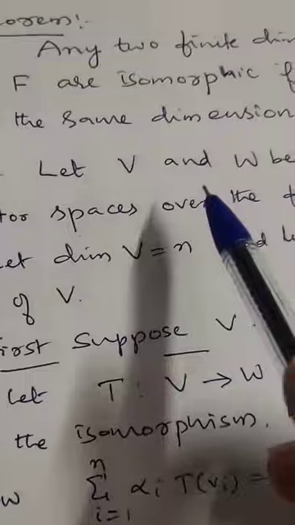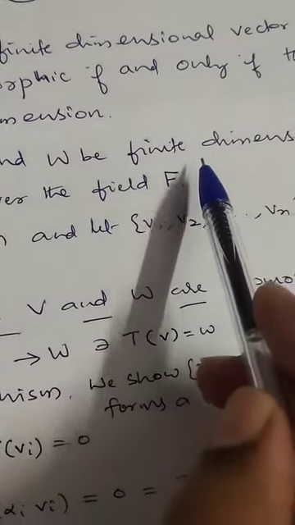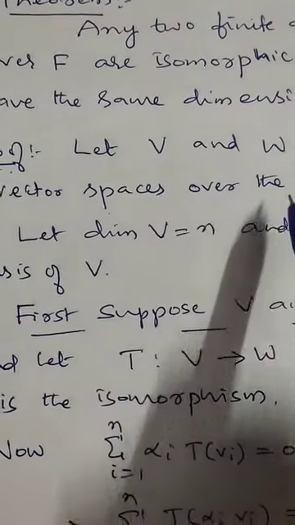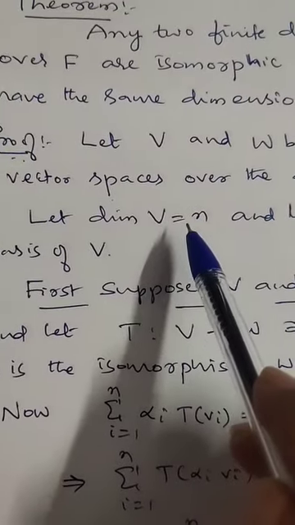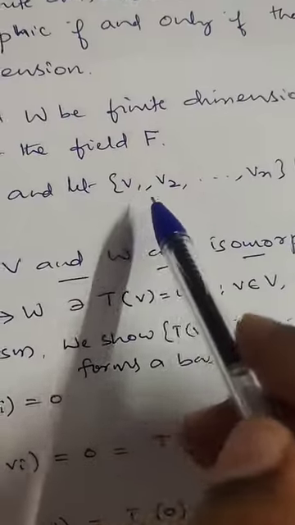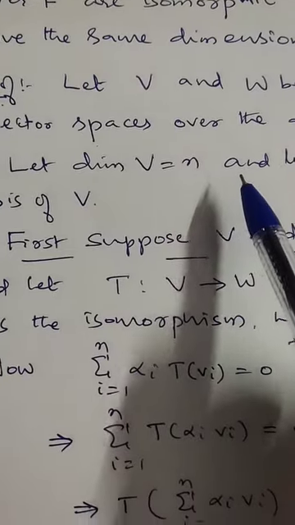Suppose you take V and W. Let V and W be any two finite dimensional vector spaces over the field F. Let the dimension of V be n, and let v1, v2, etc., vn be a basis of V, because dimension of V equal to n means there are n basis elements.